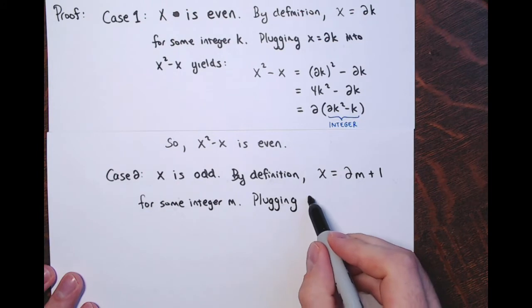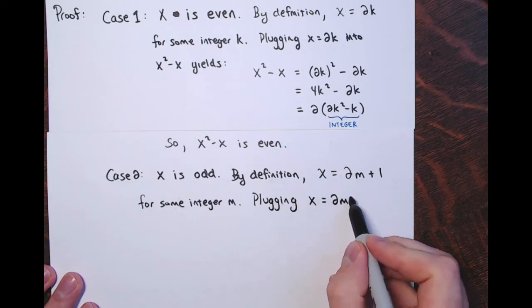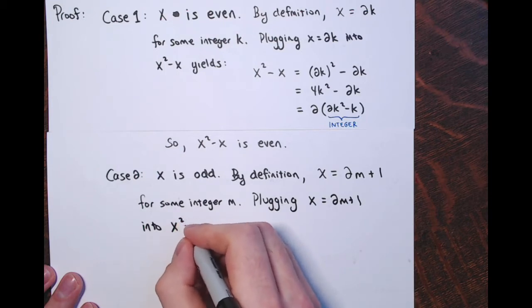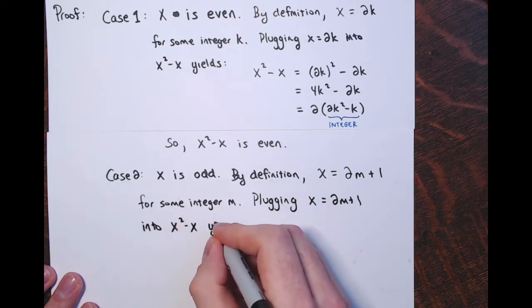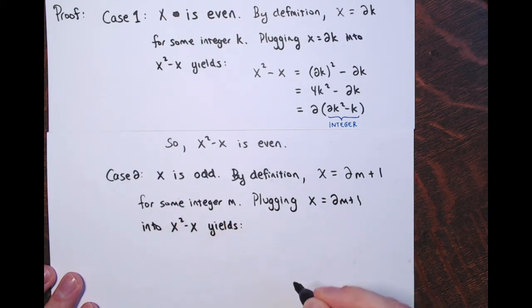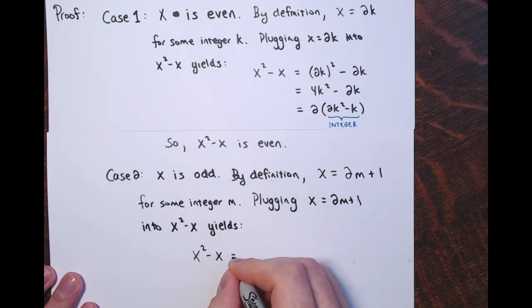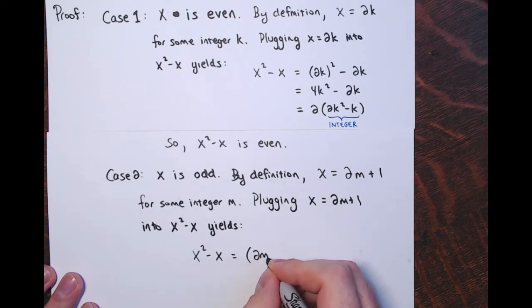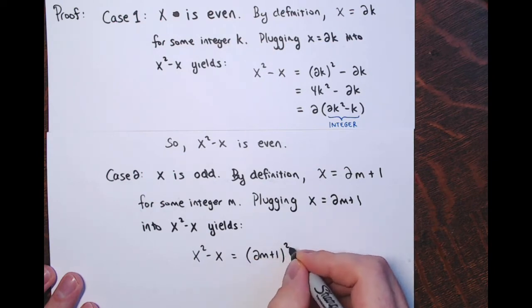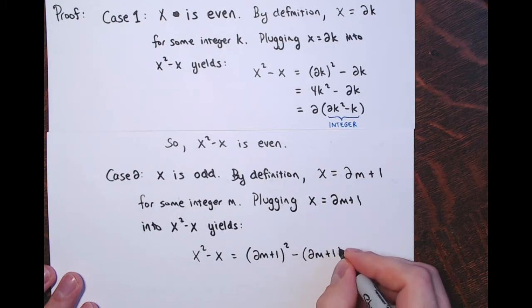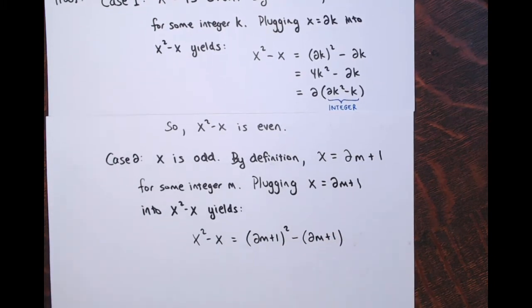Plugging in x equals 2m plus 1 yields the following: x squared minus x equals (2m plus 1) squared minus the quantity 2m plus 1, replacing the x's with 2m plus 1.